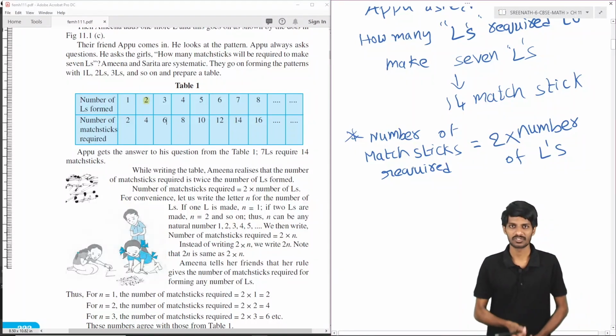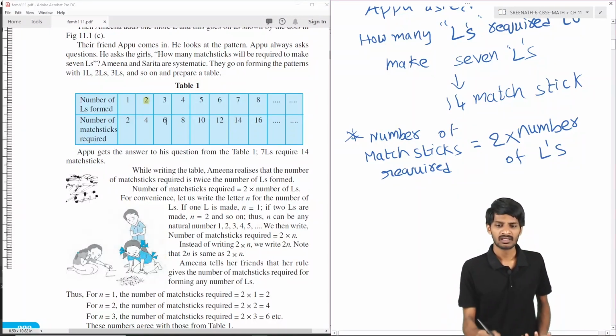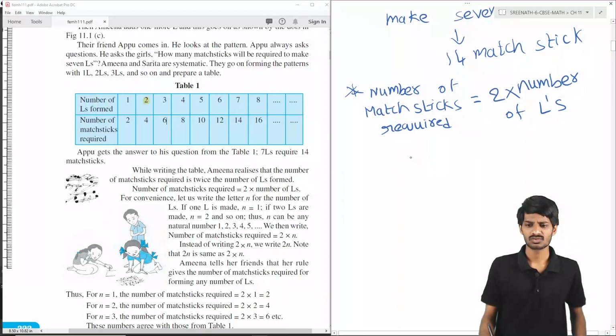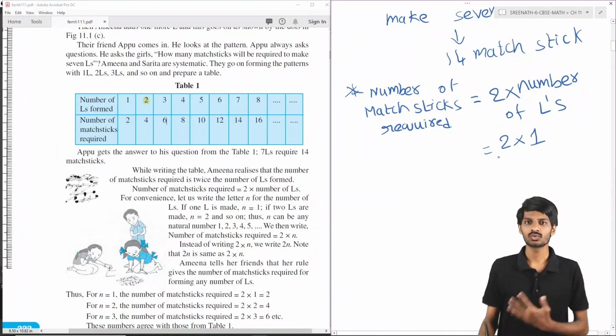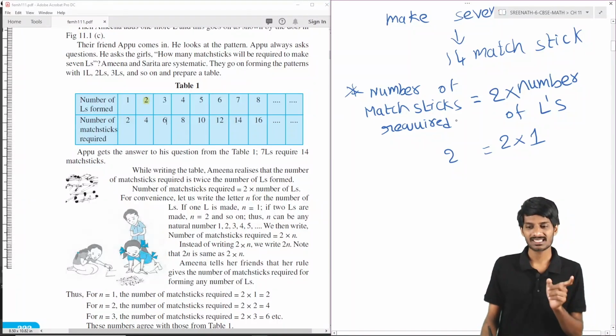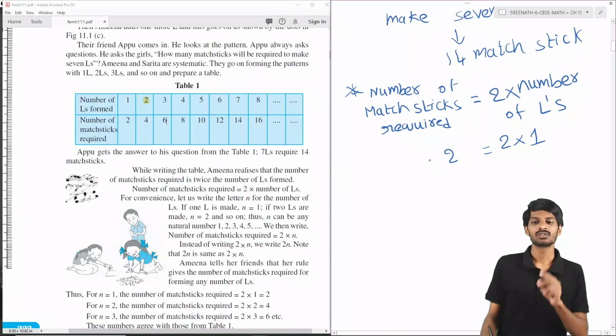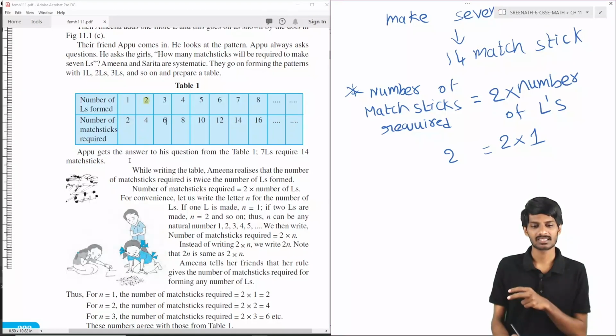This is the thing they have observed, friends. If you see from the beginning, students, here the number of L's formed is 1. So that is 2 into 1, which means how much? 2. So that's why the number of matchsticks required is 2 matchsticks, as you can see here.